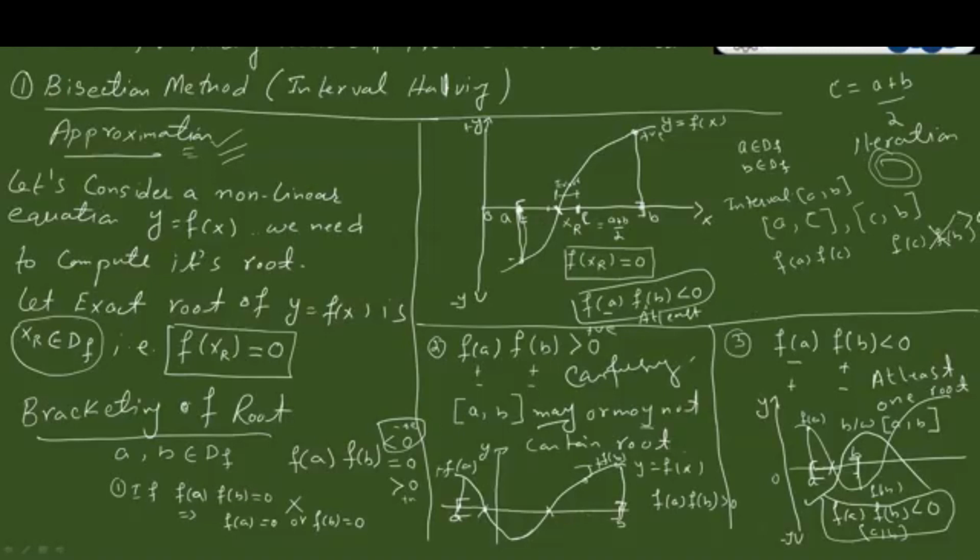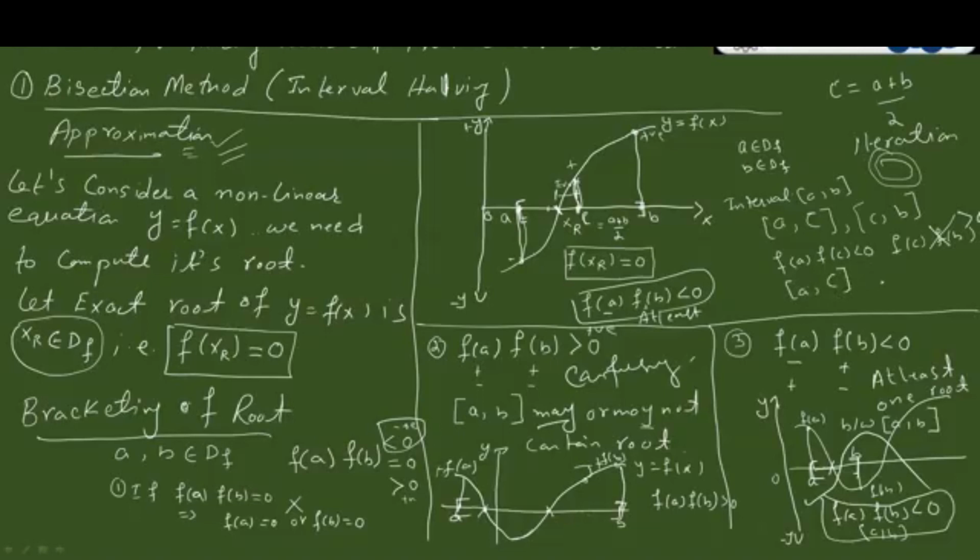Let's check this one, f of A into f of C. f of A is negative, and f of C would be positive because it is lying on the other side of the root. So if I multiply them, I will get an answer less than 0 because one is negative and the other is positive. So this means that the root lies between A and C.